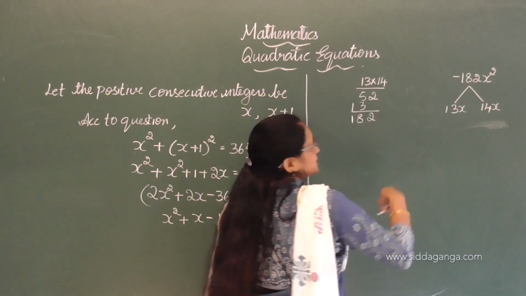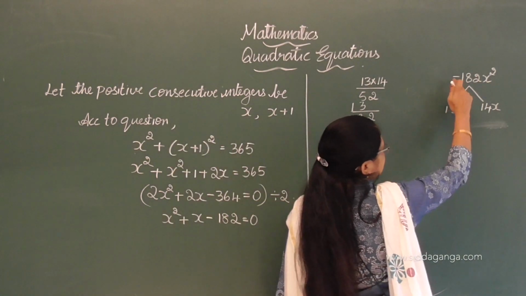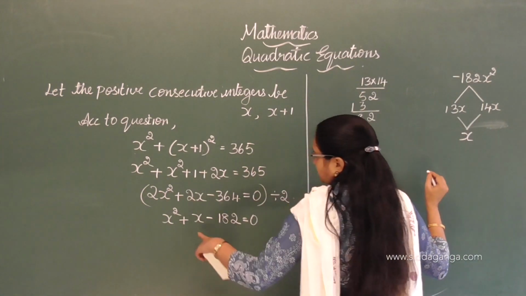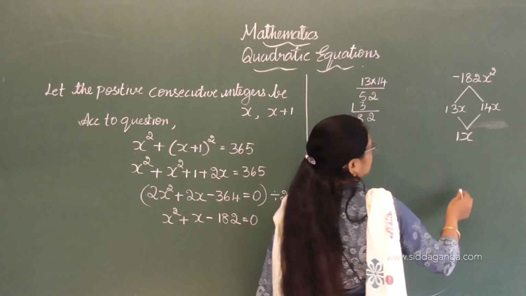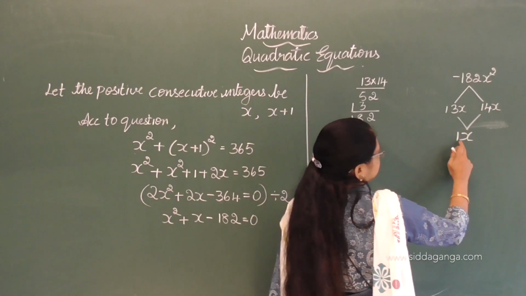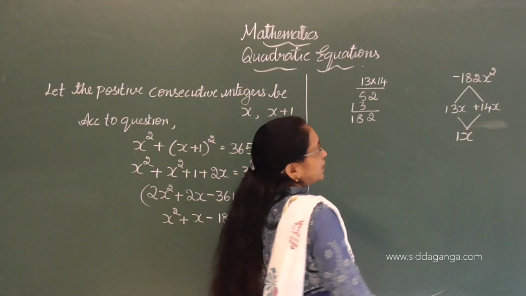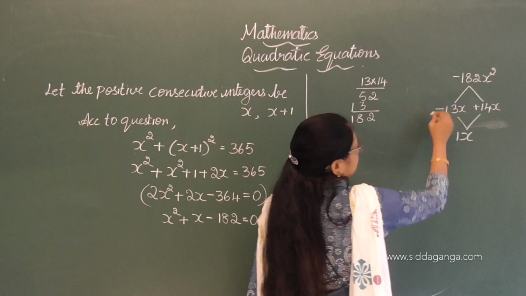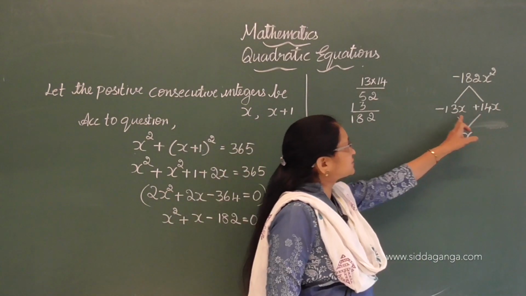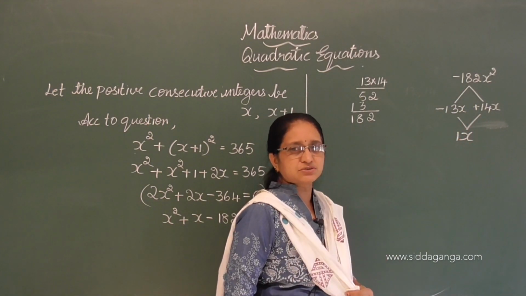Now you decide the sign. How to decide the sign? You want 1x, so you have to find the difference, but the greater number's sign is plus. So this definitely should be plus, and this can be minus. Then only this will satisfy the condition. I hope you understood; in the previous class also I showed you.